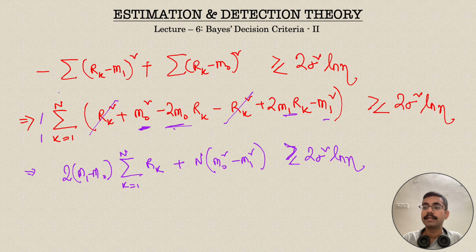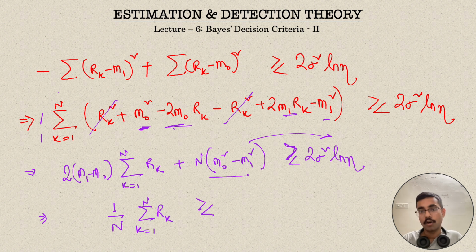Now let us try to reduce it down further. What we'll do is divide the entire expression by n first, and then move this constant expression to the other side. Just by rearranging, we would have 1 by n summation for k equals 1 to n of rk, greater than or less than sigma square ln eta by n times m1 minus m0, plus m1 plus m0 by 2.